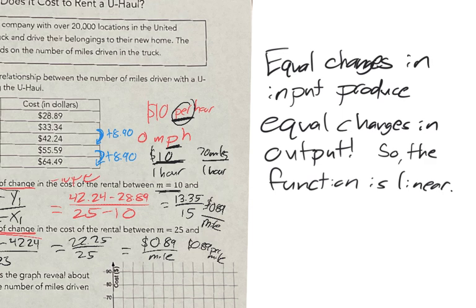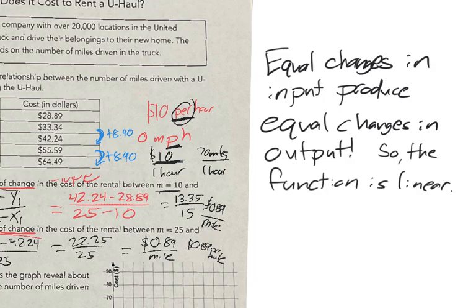Do we understand what I'm trying to say? The 2 places where the x's went up by 10, the y's went up by $8.90. So because of that, it's a line.